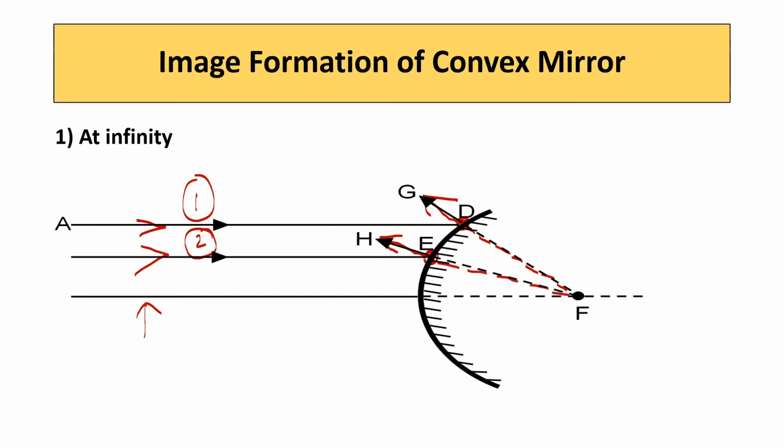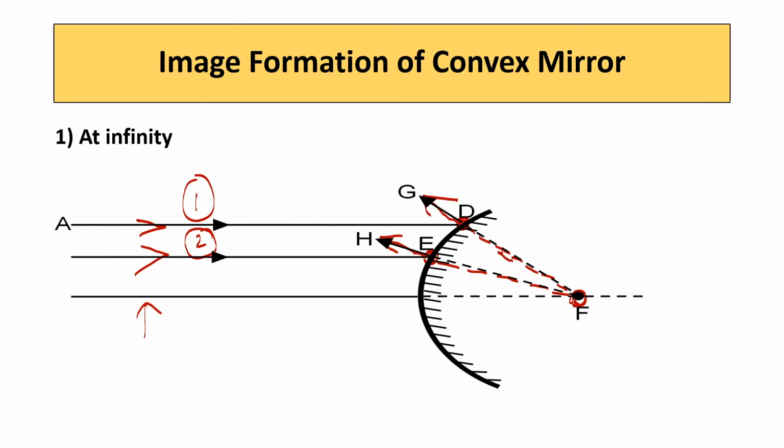It will meet at focus, which means you will get the image at the focus. When the object is at infinity, you will get a very small, highly diminished image at focus, which is virtual and erect.